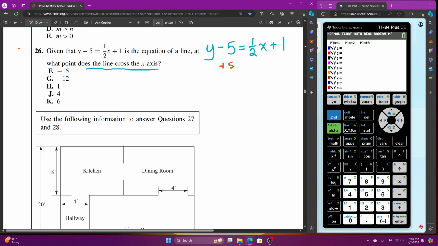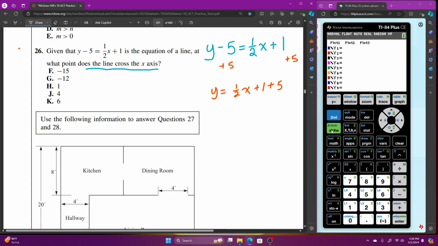Plus 5 and plus 5. I'm going to go real lazy. I'm not even going to say 1 plus 5 is 6. I'm just going to say y equals 1/2 x plus 1 plus 5. And I'm going to let the calculator do the work for me.